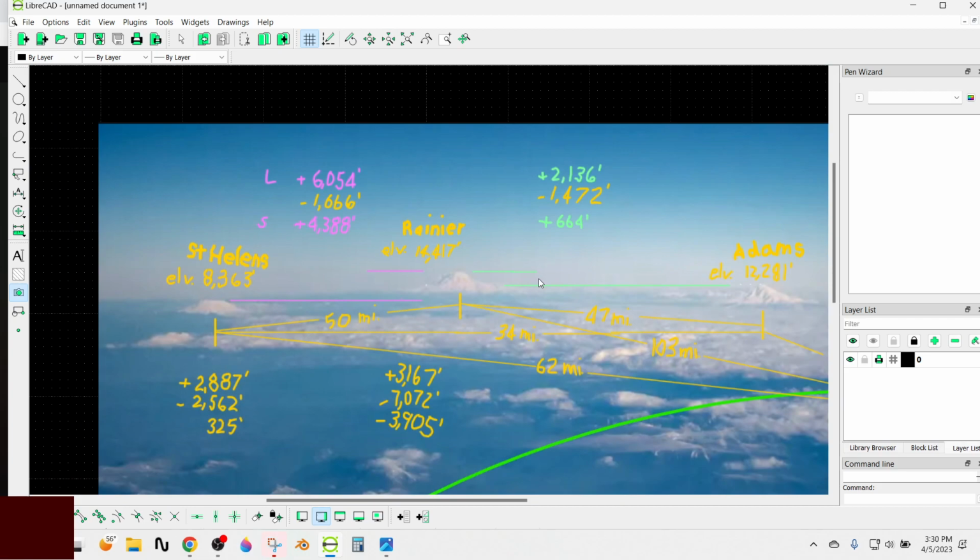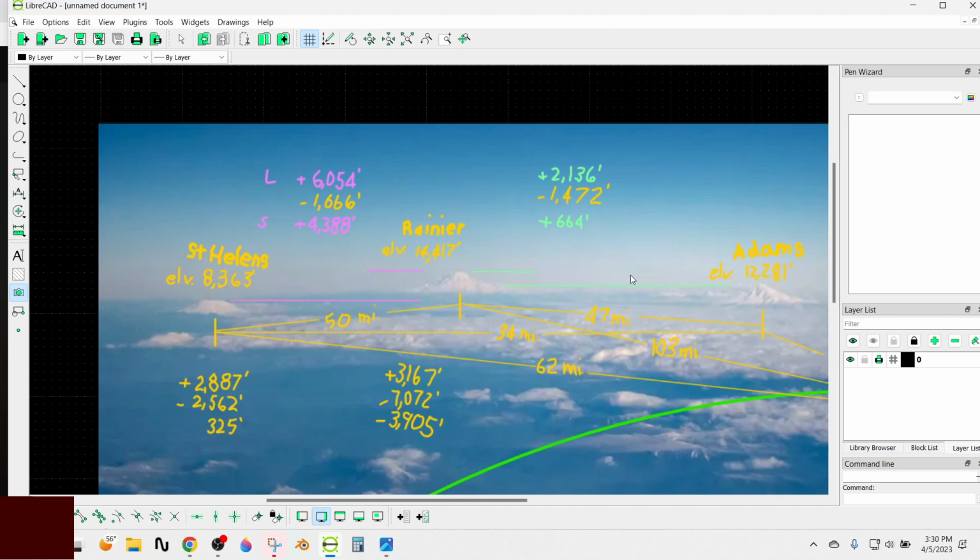Now you throw in your curvature drop, and Mount St. Helens to Rainier being 50 miles is 1,666 feet. You take that off the elevation of what we are on a plane and roll it into your radius for your sphere, and this elevation of space right here now becomes 4,388 feet.